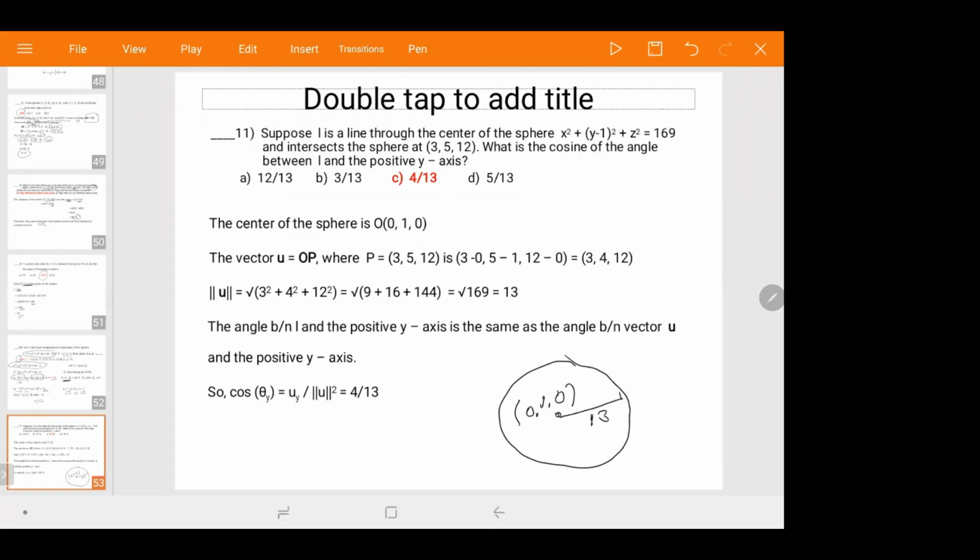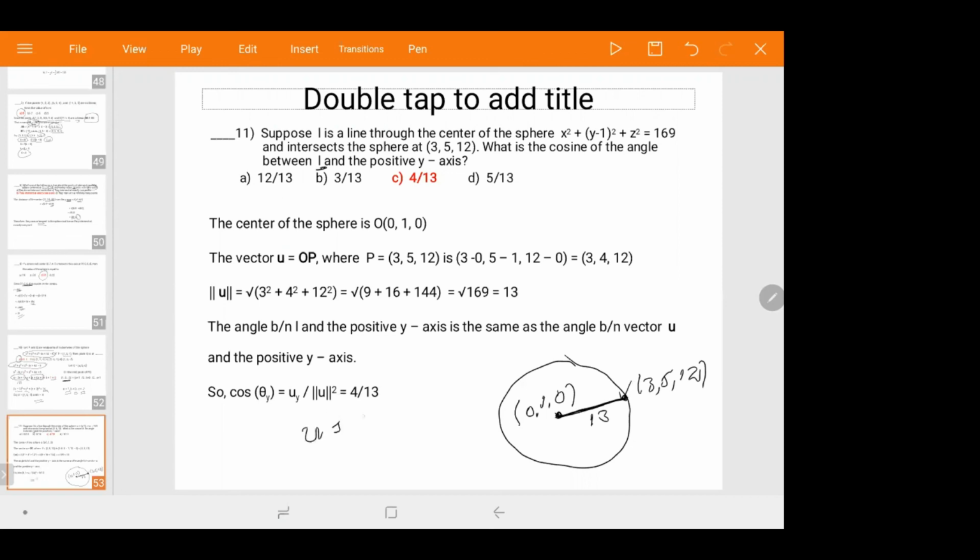Now it says L is a line through the center of this sphere, and intersects the sphere at the point (3, 5, 12). The question is, what is the cosine of the angle that L makes with the positive y-axis? First, let us find the vector corresponding to the line segment joining the center and this point.